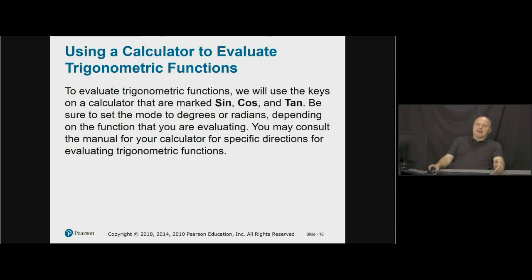So every calculator works slightly differently. So you would have to know how to do that in your own one. If you don't, then you have to come get with me and I'll show you how to do that. If you could do a screenshot of your calculator, I could pretty much tell you on my email how to do it by just looking at the buttons on your calculator.